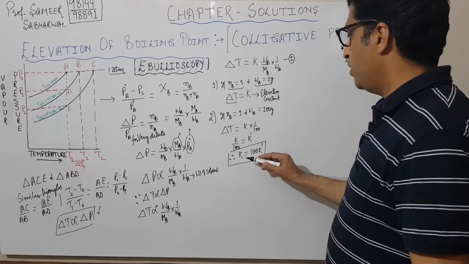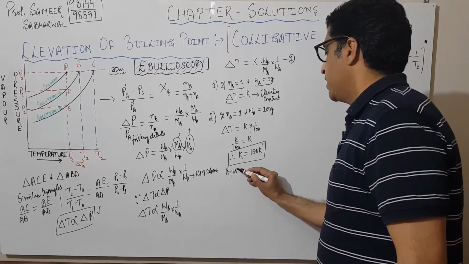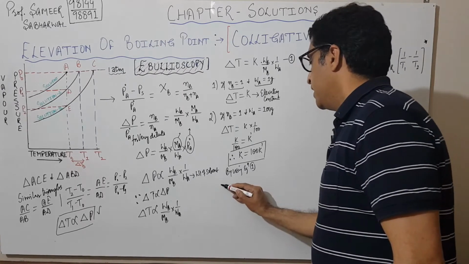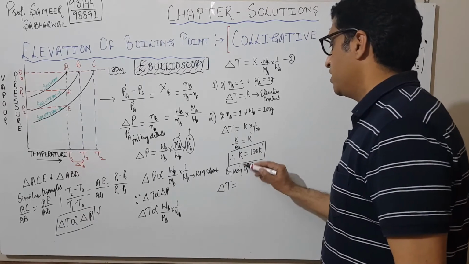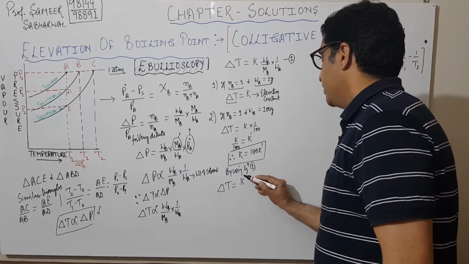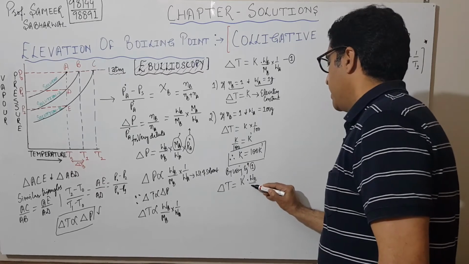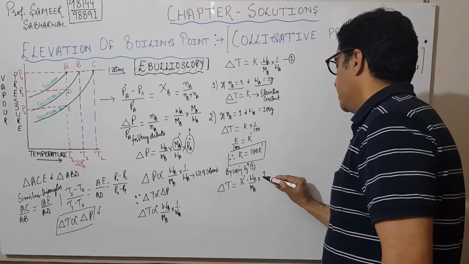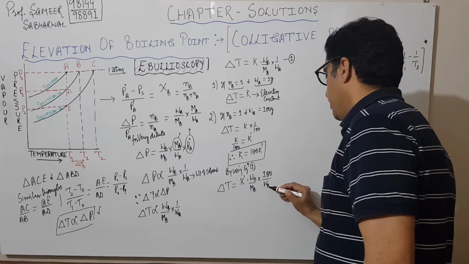Now you put down the value of K in equation 1. Delta T is equal to, what is K? 100 K dash. Can I say K dash into WB by MB into 100 by WA.